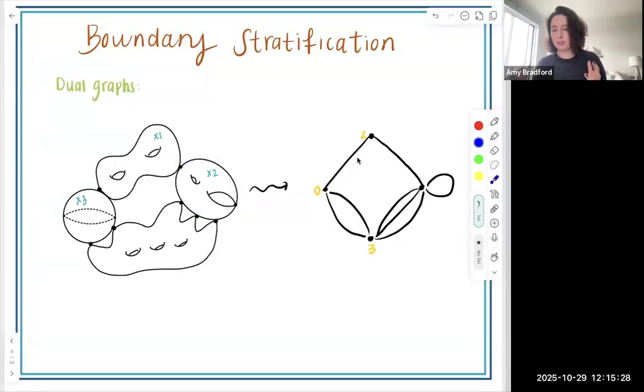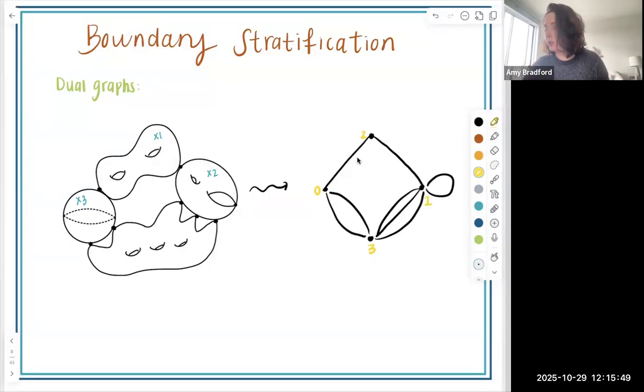So the way that I'm going to fix that is if you ever see a component that has a self-intersection, I just pull apart the node. I look at this bad self-intersection point and I just pull it apart, and that will give me a smooth genus 1 curve. And that's how I'm going to label this vertex, with the genus of the pulled apart curve.